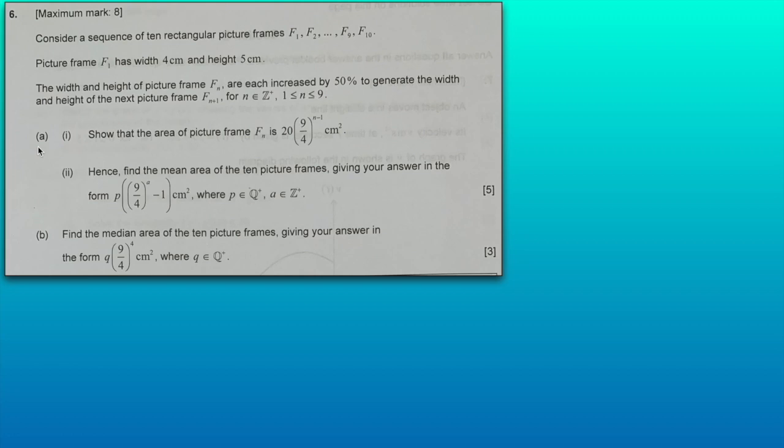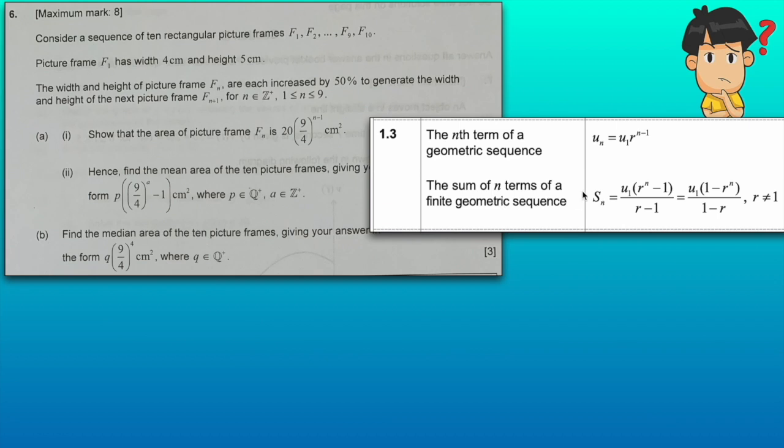Question A, part 1. Show that the area of picture frame Fn is equal to 20 × (9/4)^(n−1) centimeters squared. This is quite a long question for section A, but then again, please don't forget we have our formula booklet to help us.